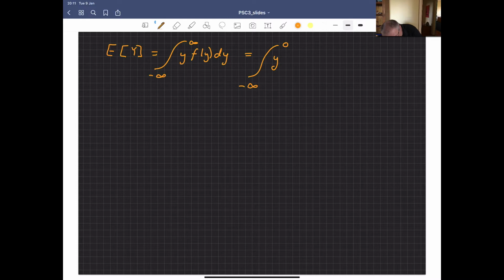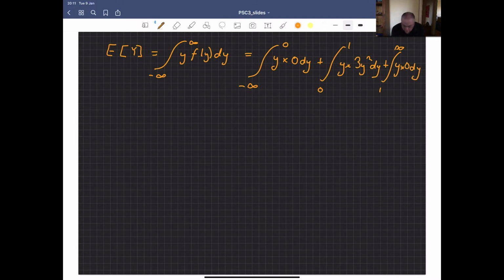That is y times, and the PDF at that point is 0, dy, plus then we've got from 0 to 1 y times 3y squared dy, and then the final one from 1 to infinity is y times 0 dy.